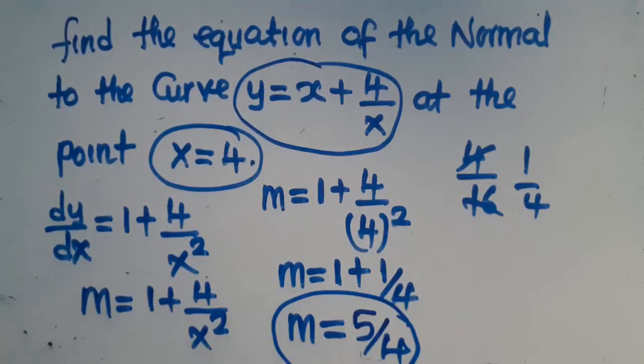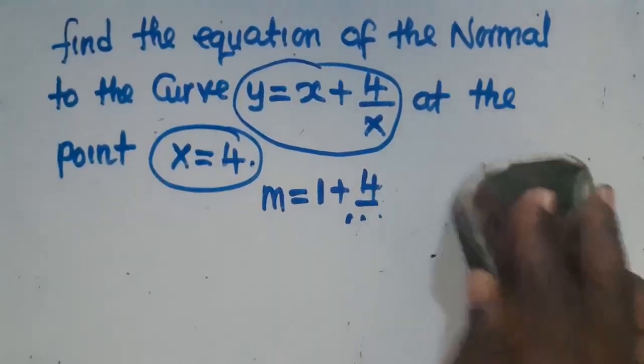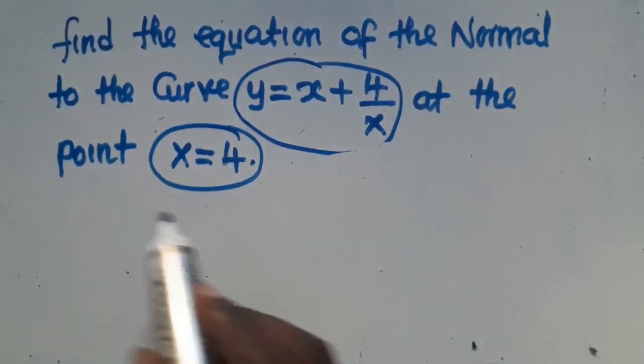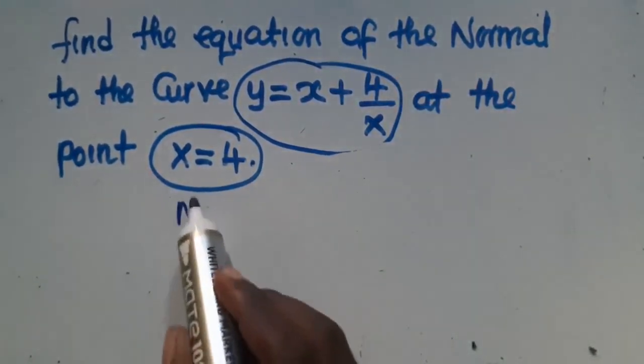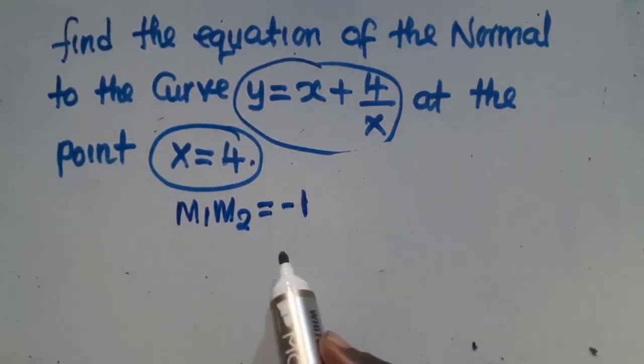So gradient 1 is 5 over 4. Here we are asked to find the equation of the normal. To do that, you need to find gradient 2. We already have gradient 1 as 5 over 4, so gradient 1 times gradient 2 is equal to negative 1.